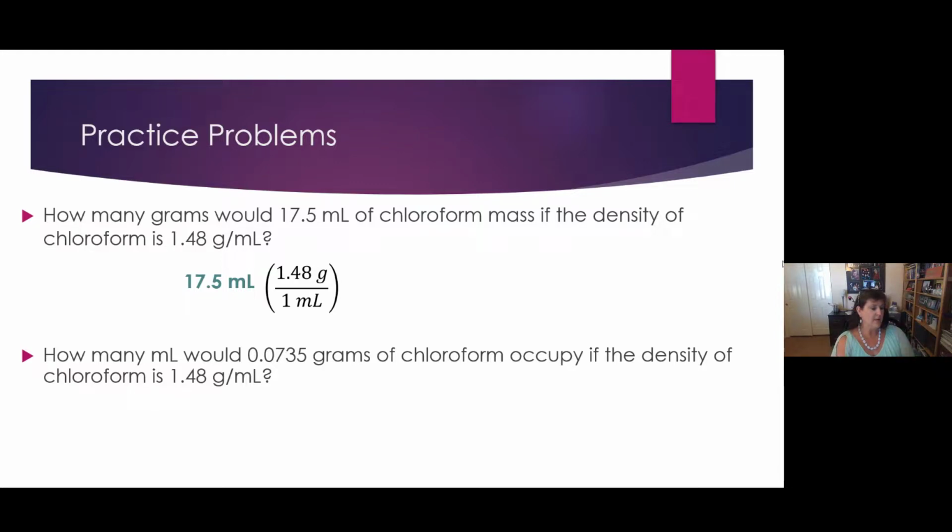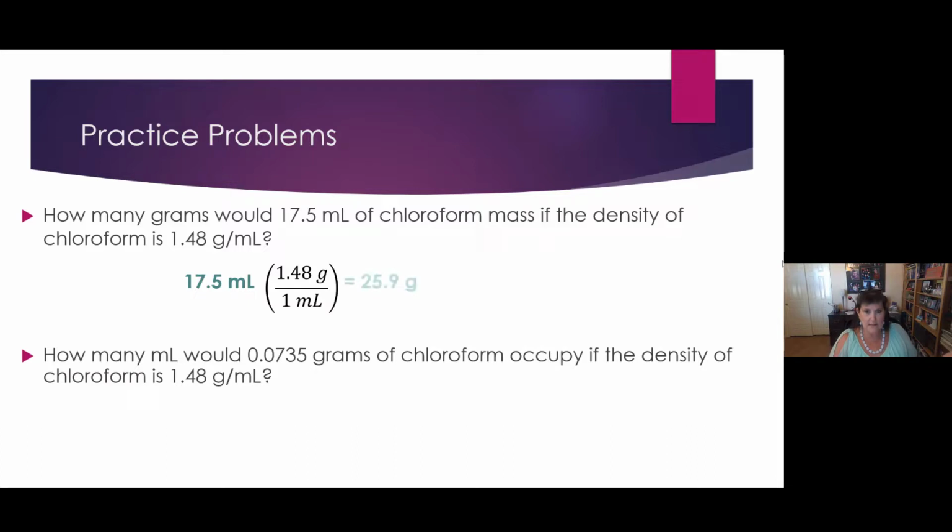All right, 17.5 times 1.48 divided by 1 equals, wow, this came out with 3 sig figs. How many sig figs should we have? Well, density is a measurement, so it counts. So we got 17.5 is 3 sig figs, and the 1.48 counts, it's 3 sig figs.